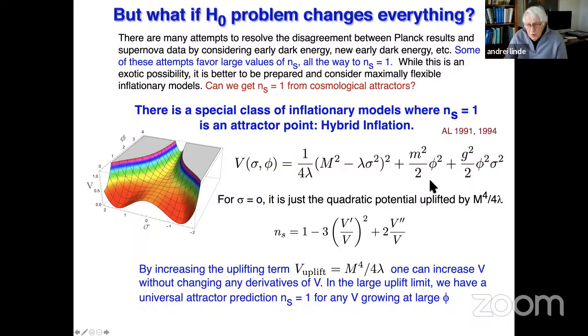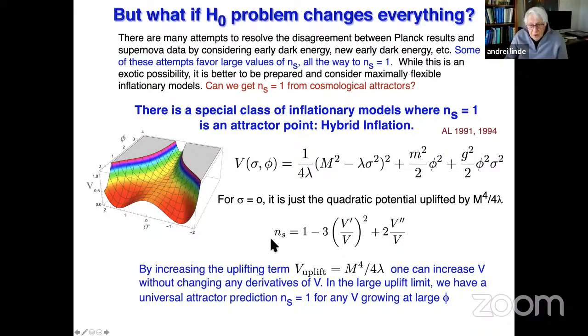Just a normal potential, for example m squared phi squared, but it is uplifted, when sigma or chi, whatever field is here, is at the reach of the potential, this quadratic potential is uplifted by a term m to the fourth divided by 4 lambda. Okay, so this uplifting makes a change.